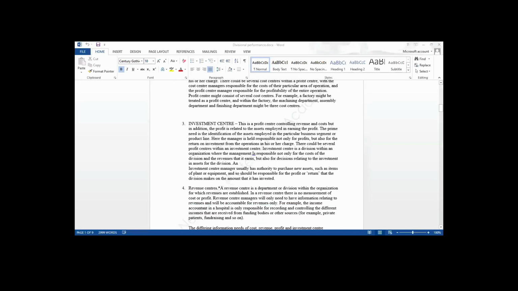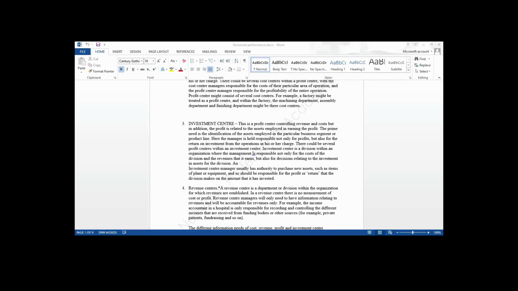Number 3, investment center. An investment center is an advancement, a step ahead of the profit center.